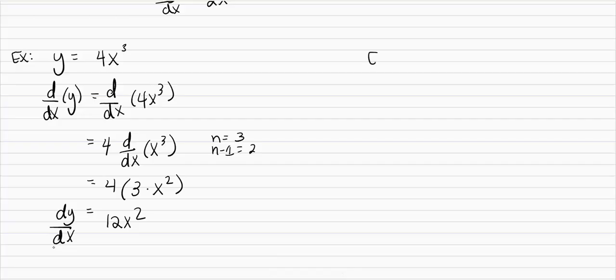Let's do one more. Say we're looking for the derivative of a polynomial. Say we have f of x is equal to x to the 4th power plus 20x cubed plus x plus 9.